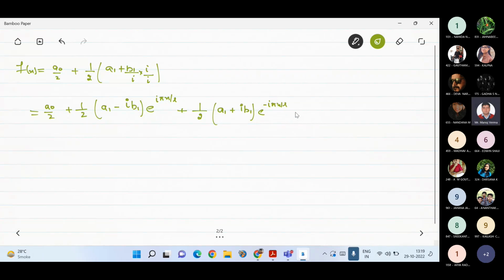And again, a similar thing for the third term, which will be a2 minus iota b2 e raised to the power 2 iota pi x by L plus half a2 plus iota b2 e raised to the power minus 2 iota pi x by L, right?